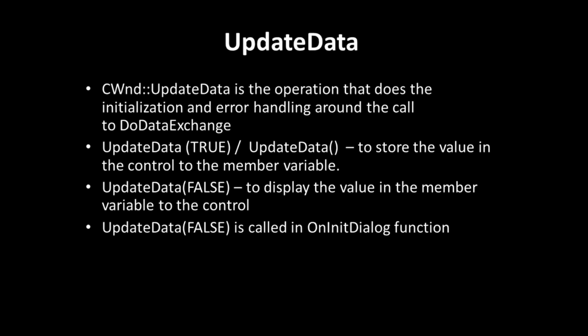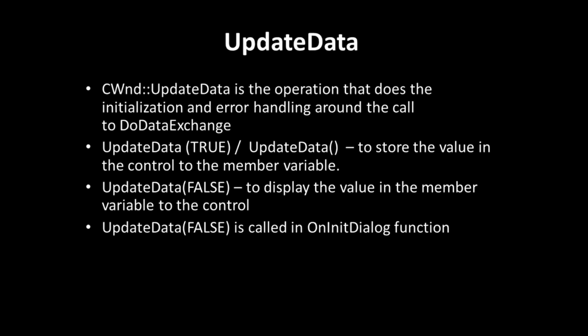Now think of a situation where we are entering the information for a student. Some of the fields would have default values. For example, you may have the gender as male as a default value.